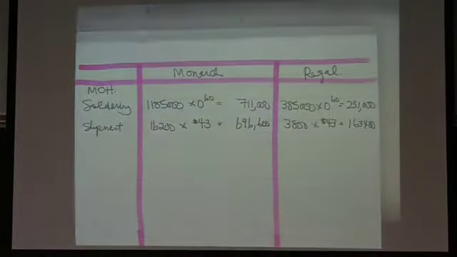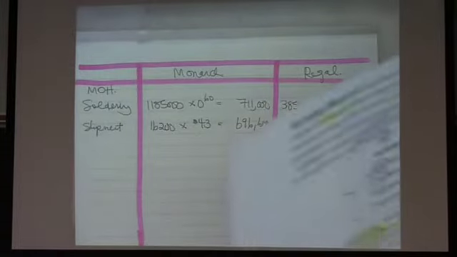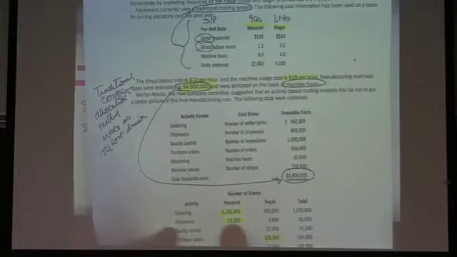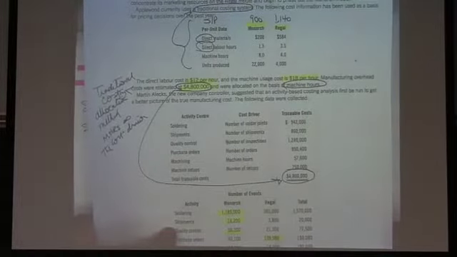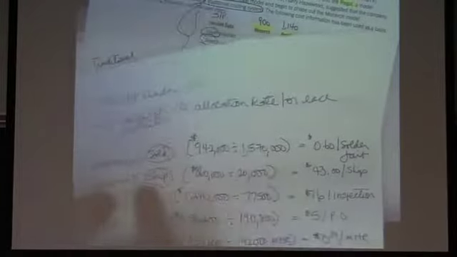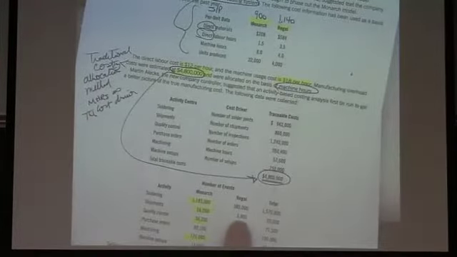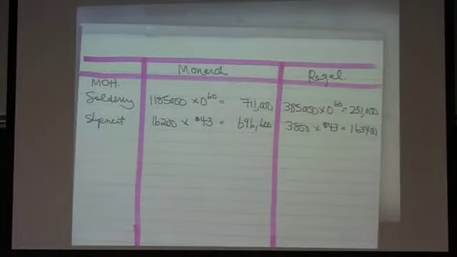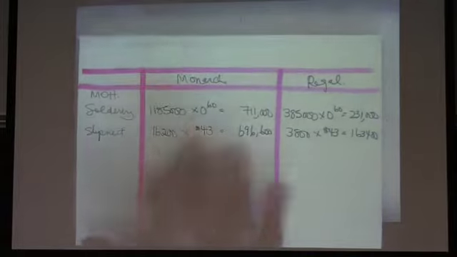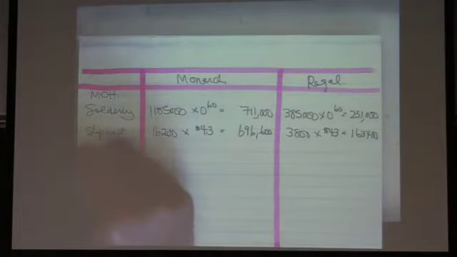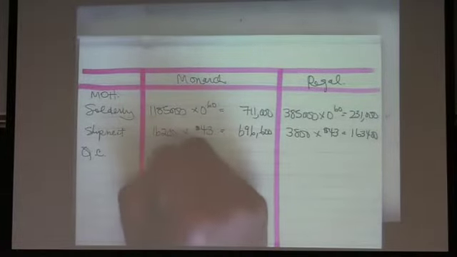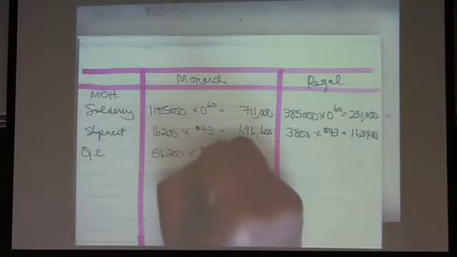Okay, now how did I get those numbers again? So let me remind you what we've done. The shipment, 16,200 for Monarch times $43 per shipment. That's how much we calculated. And for Regal, it's 3,800 times 43. Okay? So quality control, QC, again, the same idea.